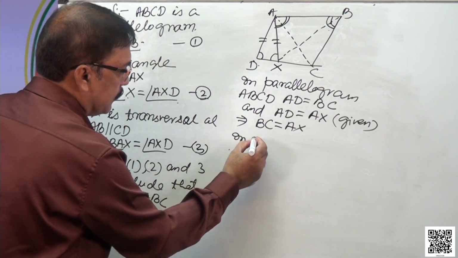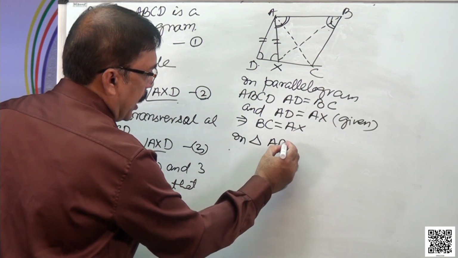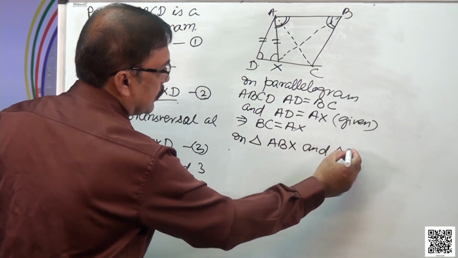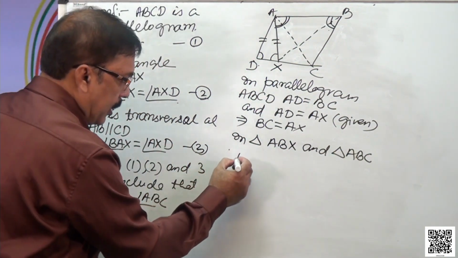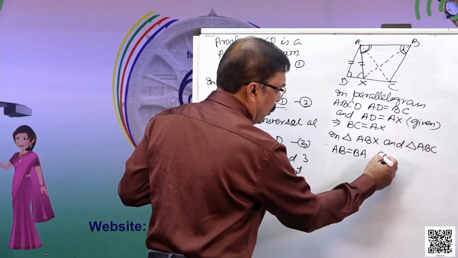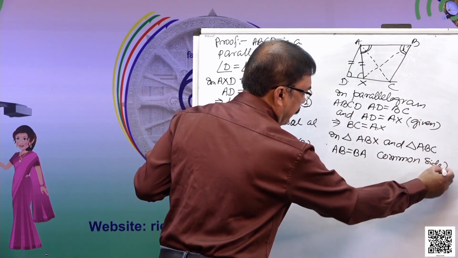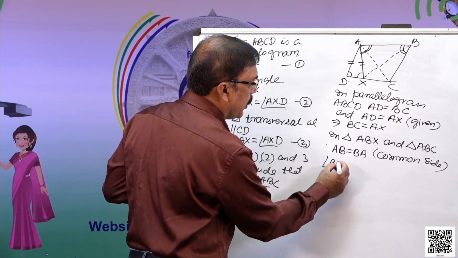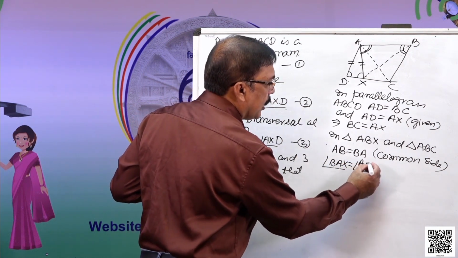Now in triangle ABX and triangle ABC, we have AB equal to BA, common side, and we proved that angle BAX is equal to angle ABC.